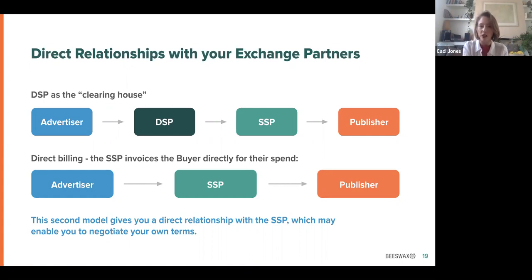You can potentially negotiate your own terms, and there are examples of agencies and advertisers doing that, whether that's in terms of transparency and greater access to further log level data from the supply side, or in terms of the actual transacting terms, such as bid reduction. So there are lots of different reasons why you might want to consider having a direct relationship, particularly with the exchange partners that you are buying from the most.